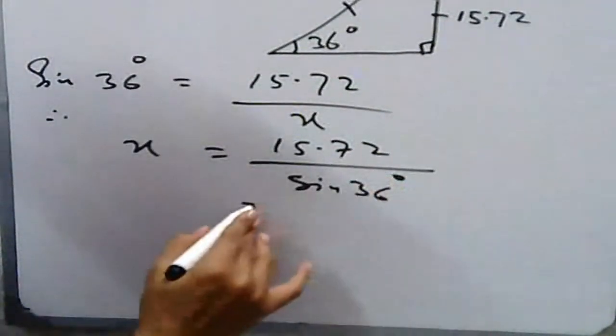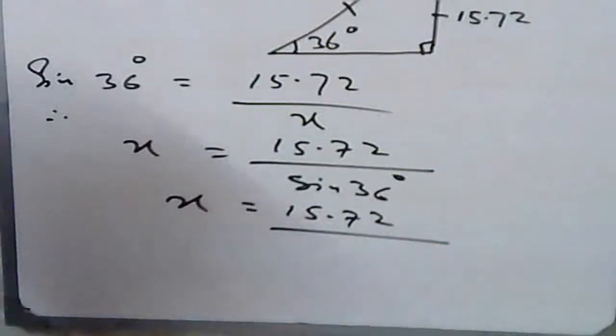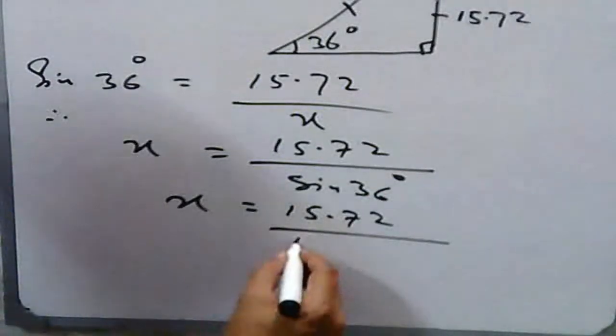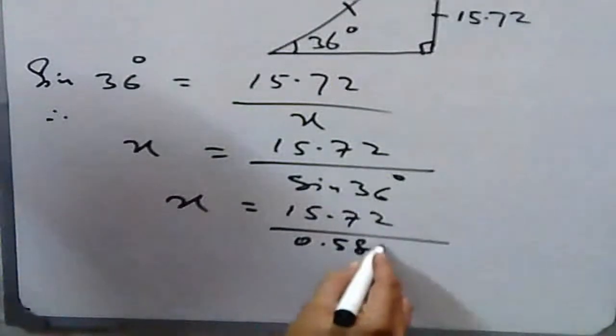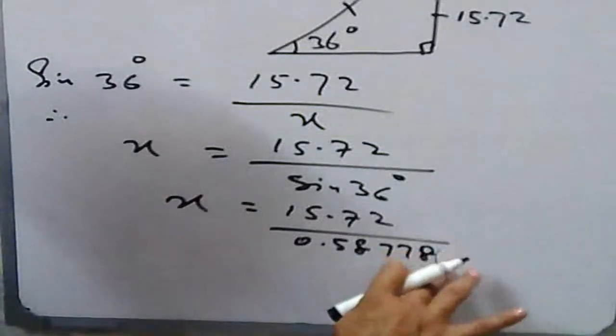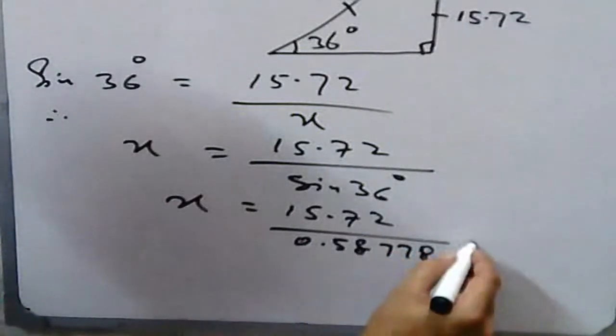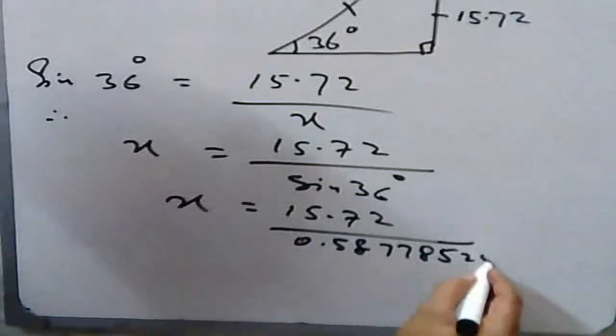So 15.72 divided by, what is the value of sine 36? You should use a calculator. Without calculator it is not possible. So it will give you 0.587785252.